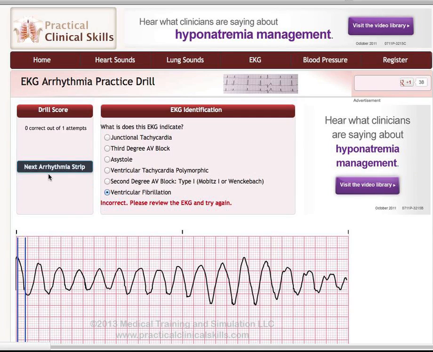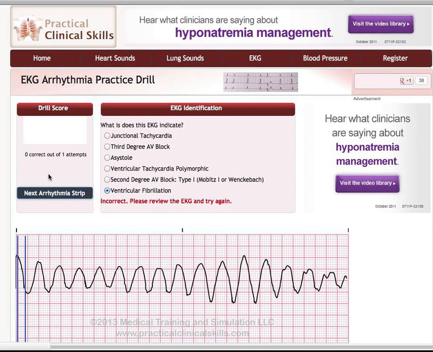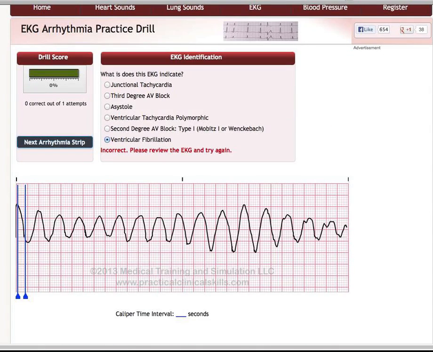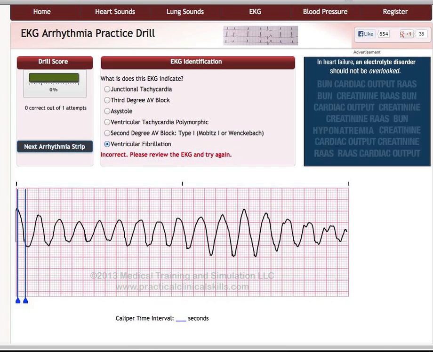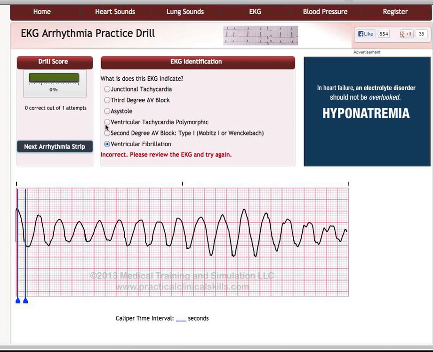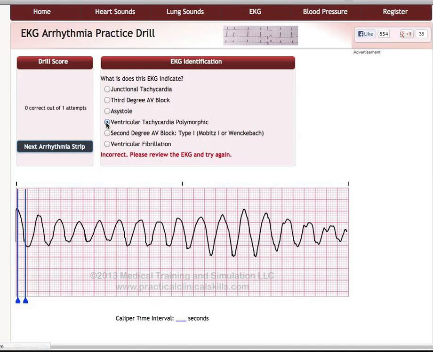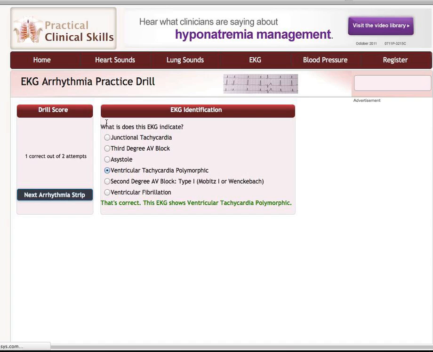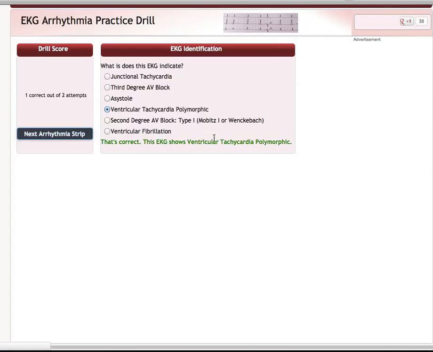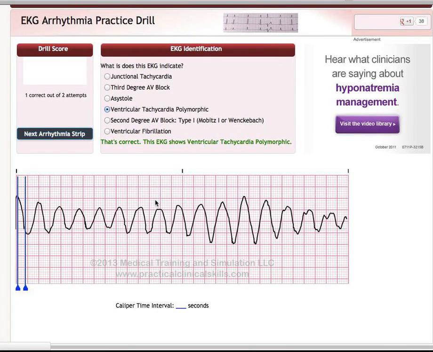Why is this saying it's not VFib? I'm not sure what's going on here. Maybe I don't agree with that, but that's okay. So they're saying that this looks like a coarse ventricular fibrillation.